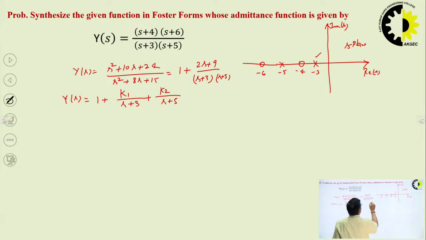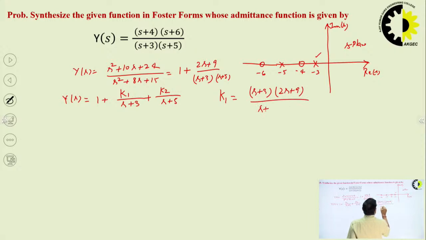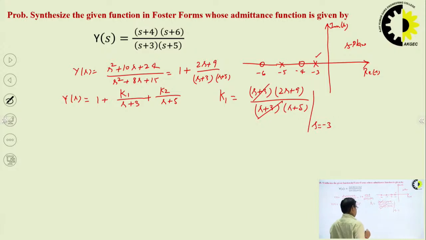So, we can find the value of K1 and K2. So, K1 is equal to (s plus 3) into (2s plus 9) divided by (s plus 3)(s plus 5), put s is equal to minus 3. Okay.